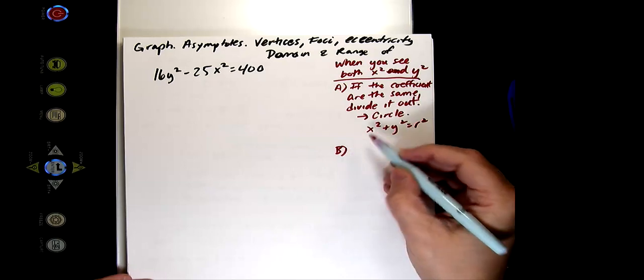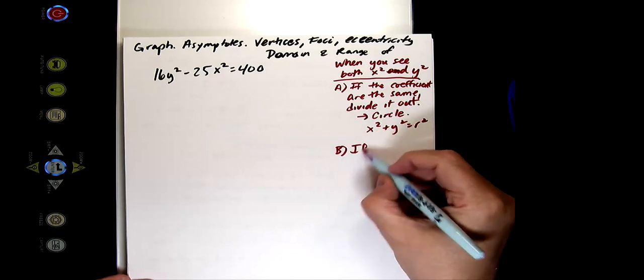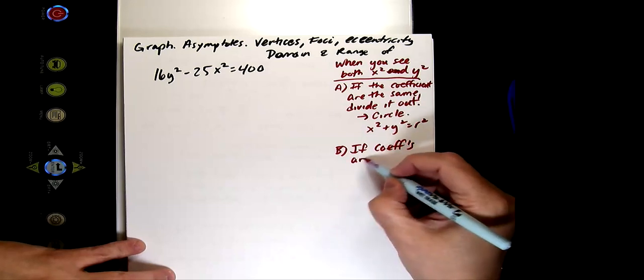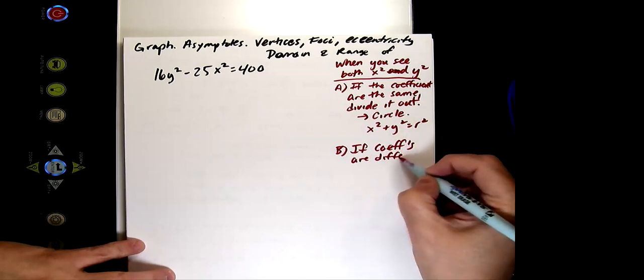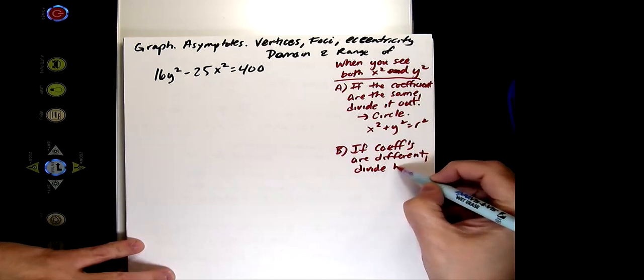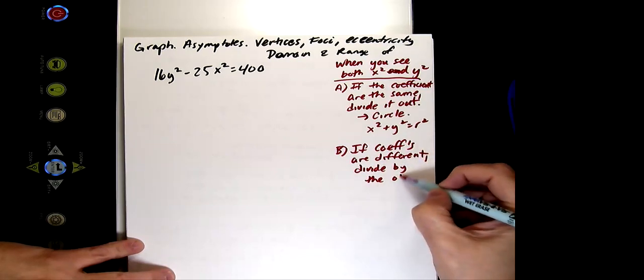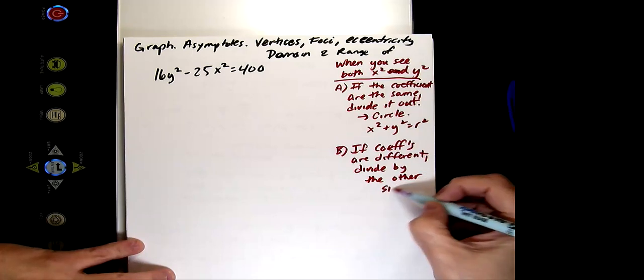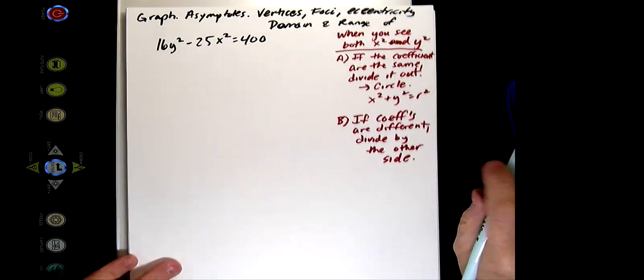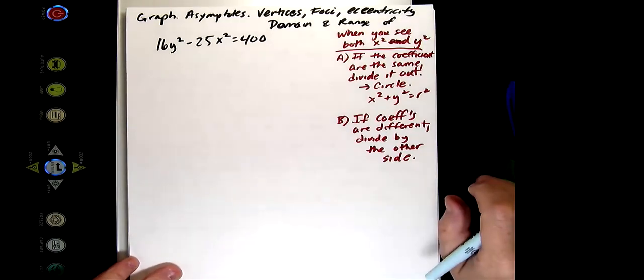If the coefficients are different, divide by the other side, which hopefully is your constant term.